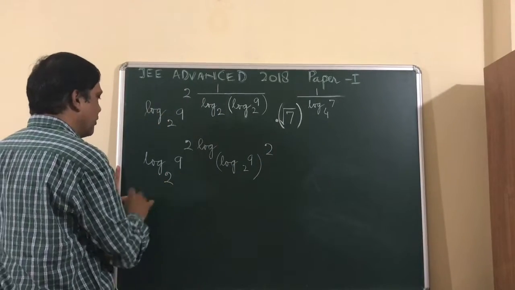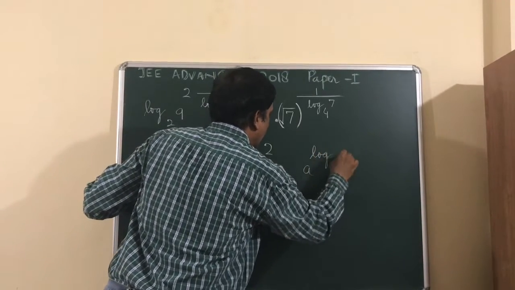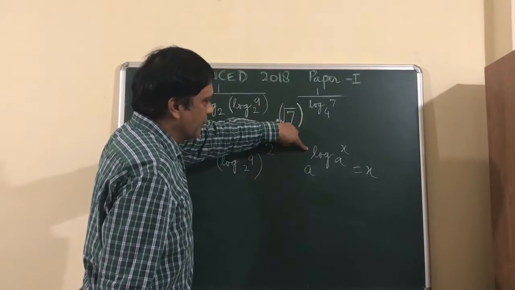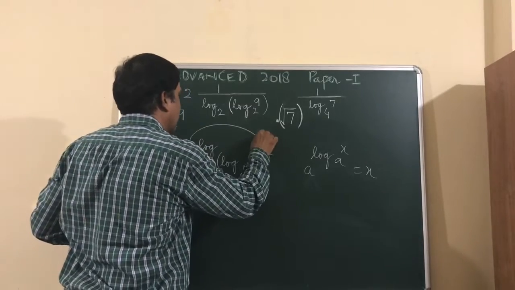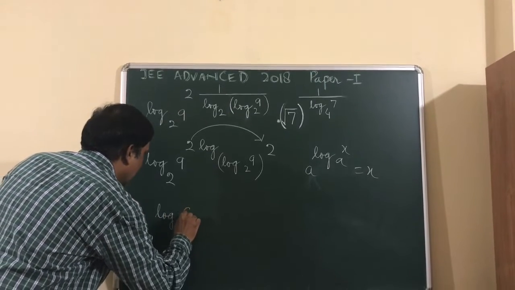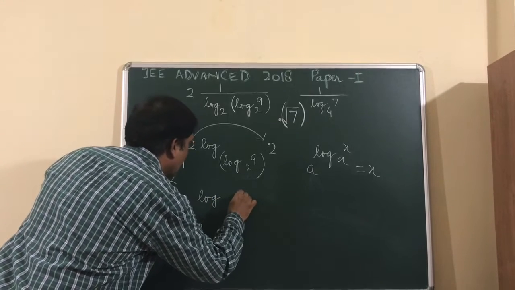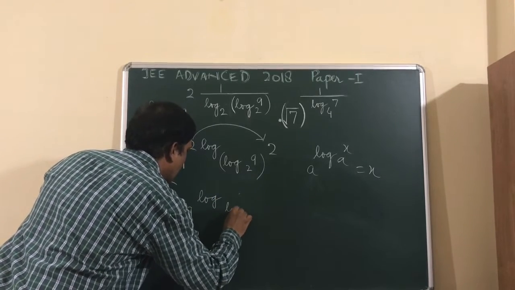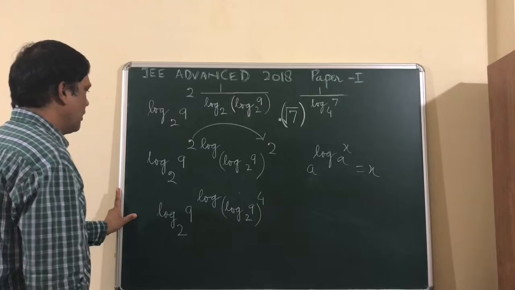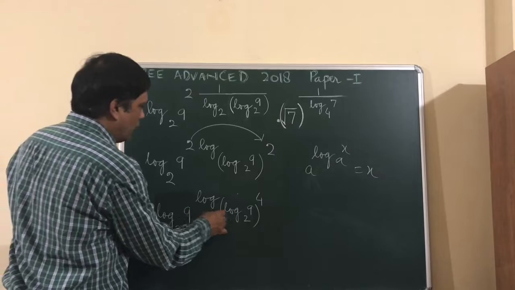Now you can see, before using the property which I just told you, that a raised to the power log of x base a is equal to x, there is nothing written here. So I'll bring that 2 over there. If I bring that 2, we can write log base 2 of 9 raised to the power log of base log 9 base 2, and this is 4. So you can see log of 9 base 2 and log of 9 base 2.